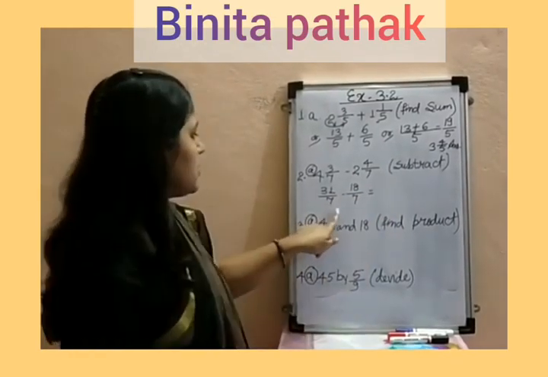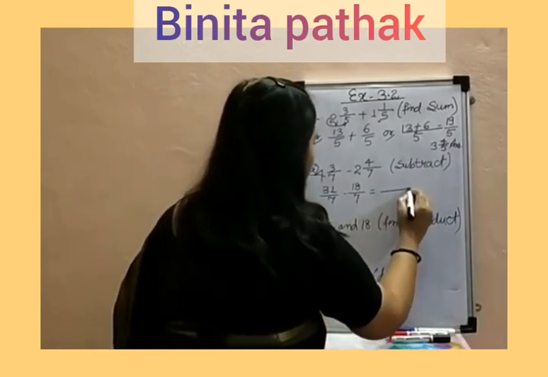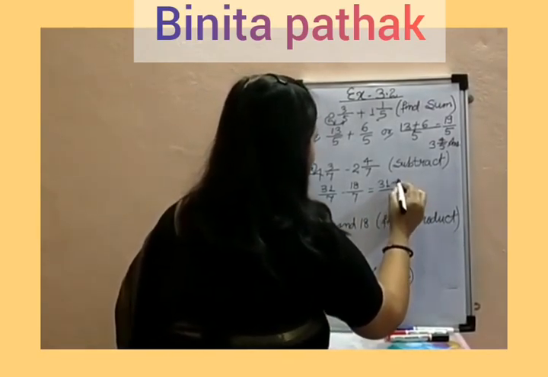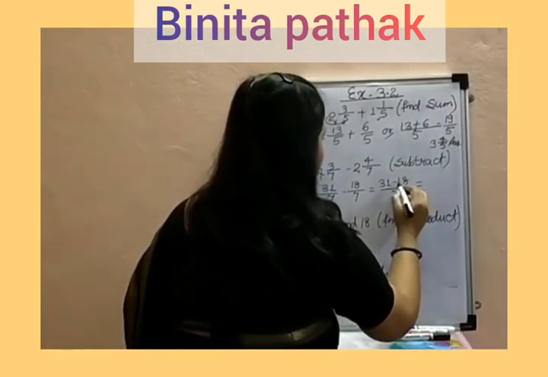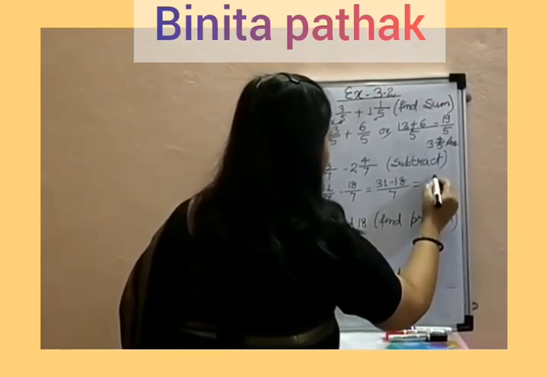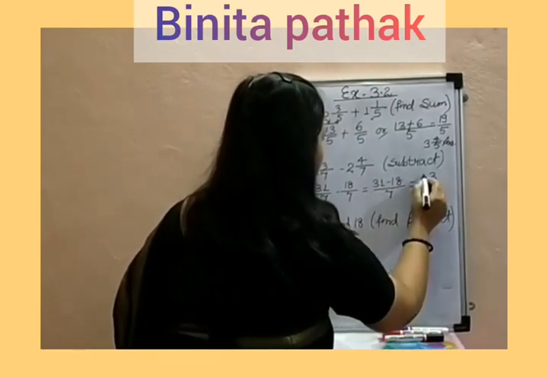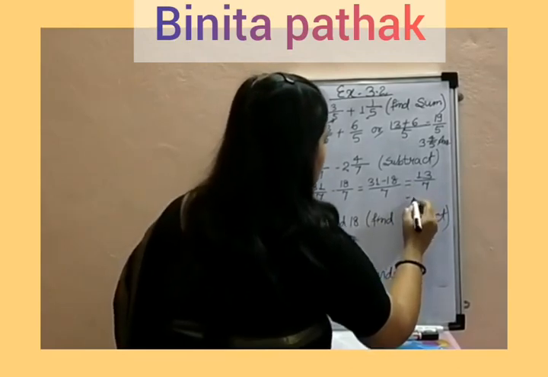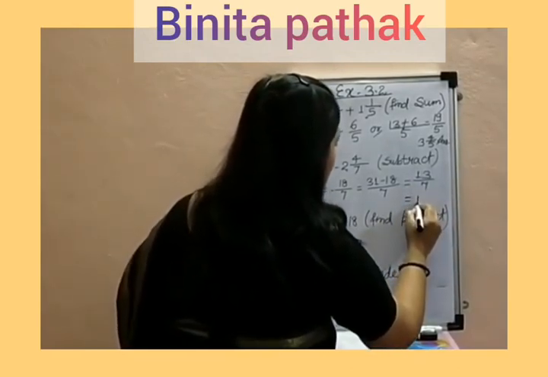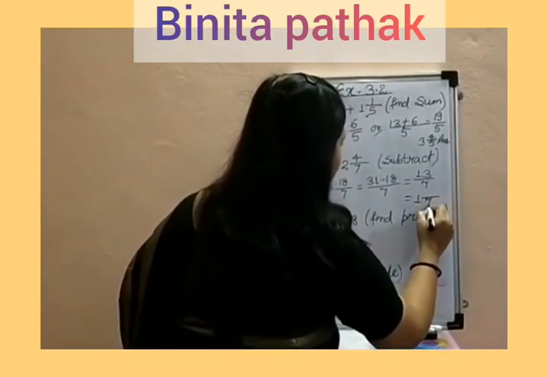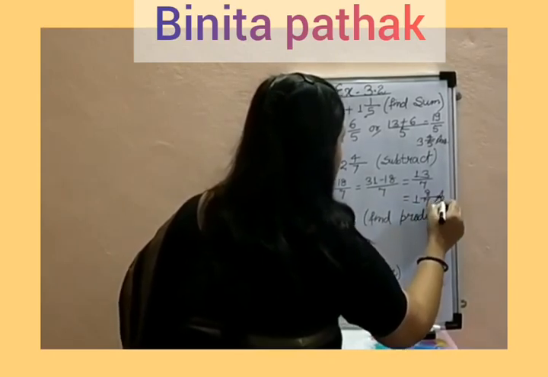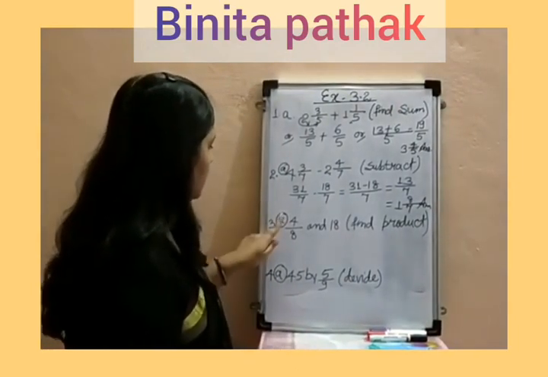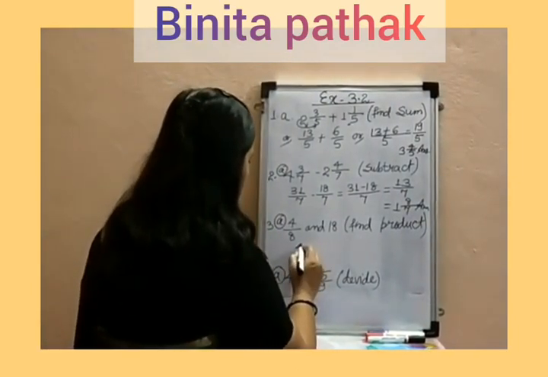Because the denominators are same, 31 minus 18 upon 7, 13 upon 7 is the answer.